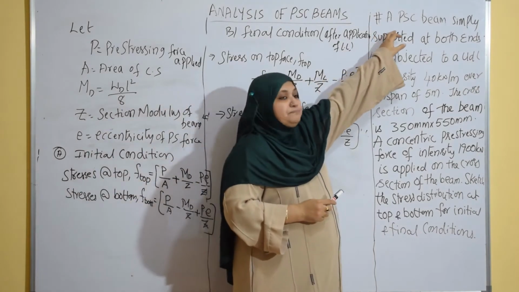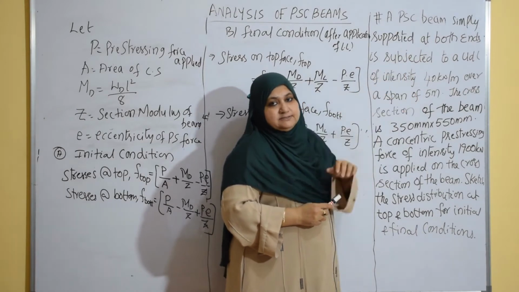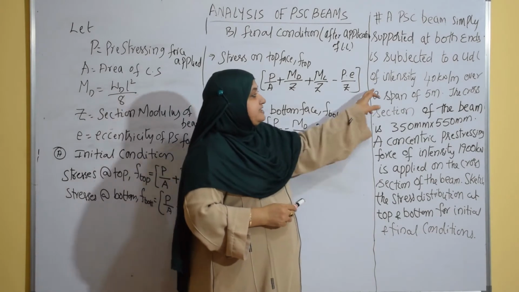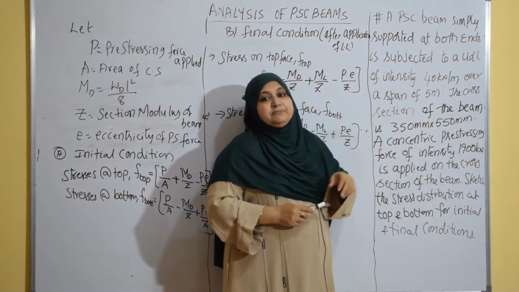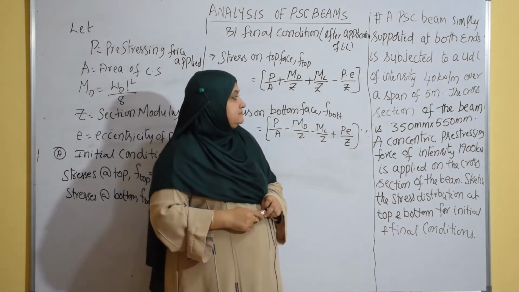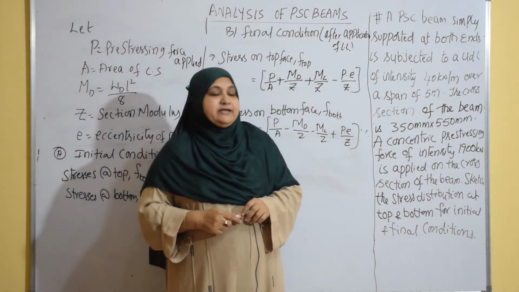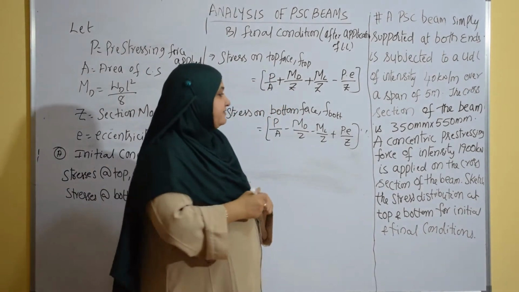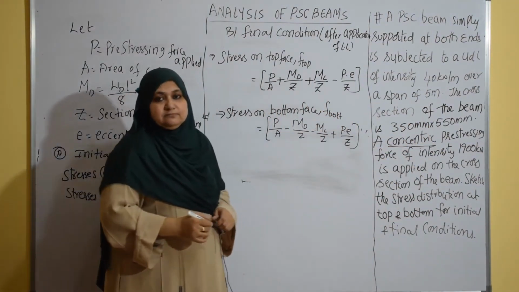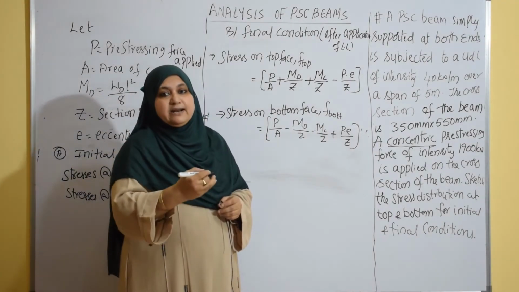So the question is: a PSC beam simply supported at both ends is subjected to a UDL of intensity 40 kilonewton per meter over a span of 5 meter. The cross section of the beam is 350 mm by 550 mm. As I said, we will first solve an easy problem, then the level of difficulty will go higher and higher.